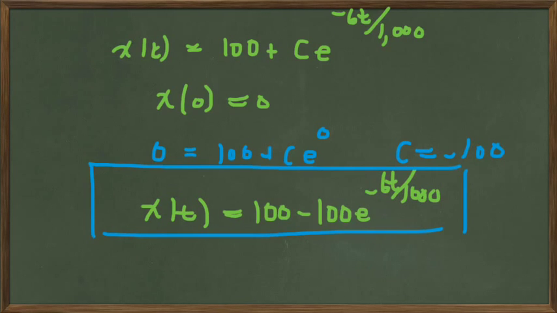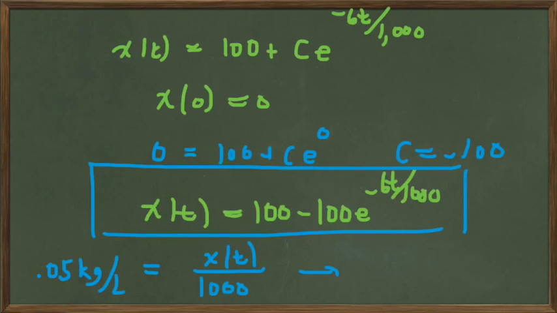So suppose we want to know when the concentration of salt in the tank equals 0.05 kilograms per liter. The concentration in the tank is x of t divided by the amount of fluid in the tank, and so when the concentration is 0.05 kilograms per liter, that would be the same as when x of t over 1,000 equals 0.05 kilograms per liter.